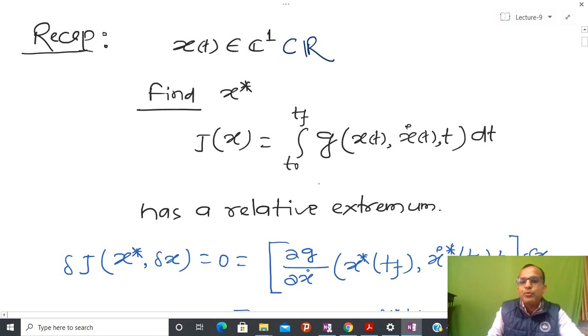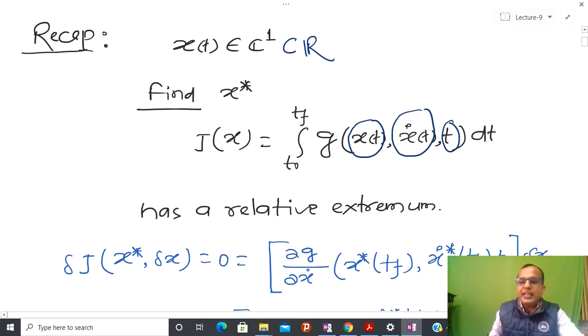Now I have to optimize this particular functional, and in the simplest variational problem, this functional contains just one variable, its derivative, and explicit dependency on time.